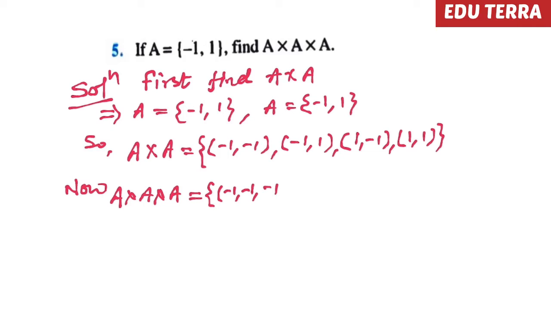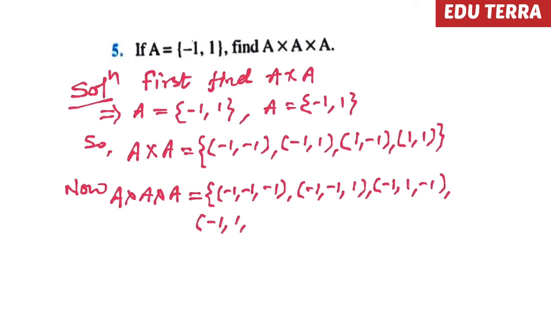So (-1, -1, -1). Second is (-1, -1, 1), because the first ordered pair of A cross A, both elements will multiply with both elements. Now second, (-1, 1, -1), then (-1, 1, 1), because in the second pair, -1 and 1, the second element is 1.